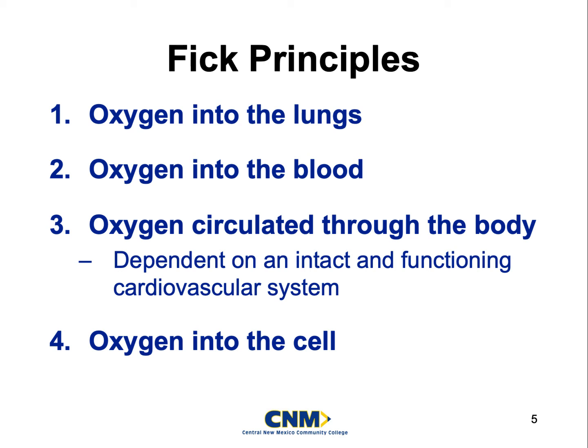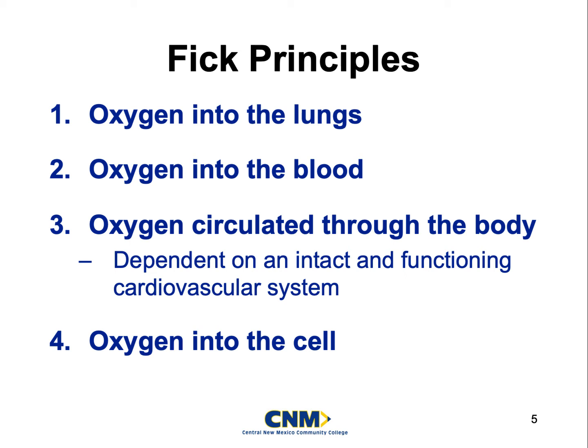Number three, we need a good pump in order for that oxygen to be circulated through the body, also known as circulation. And number four, that oxygen needs to get into the cell, or what we call perfusion. Remember, respiration was gas exchange at the alveoli level.